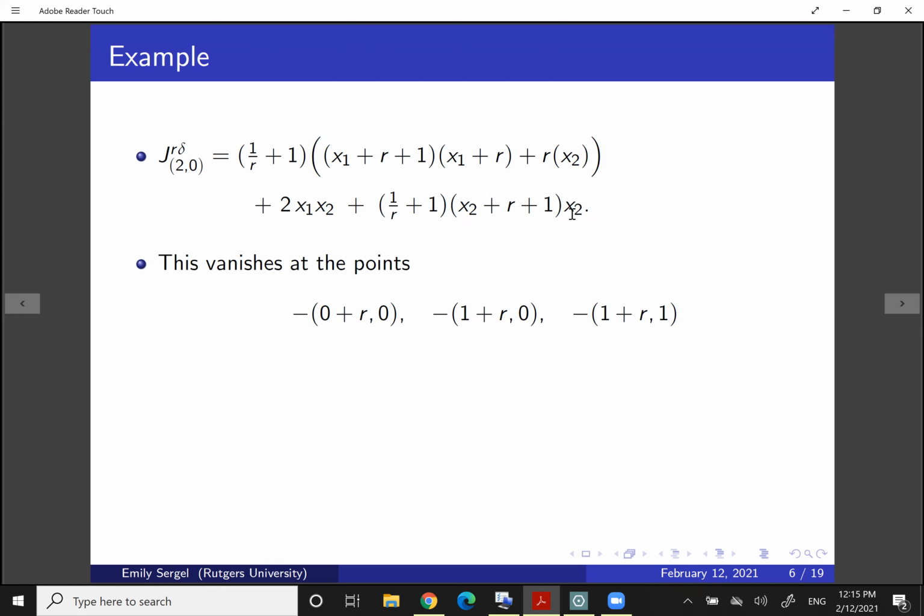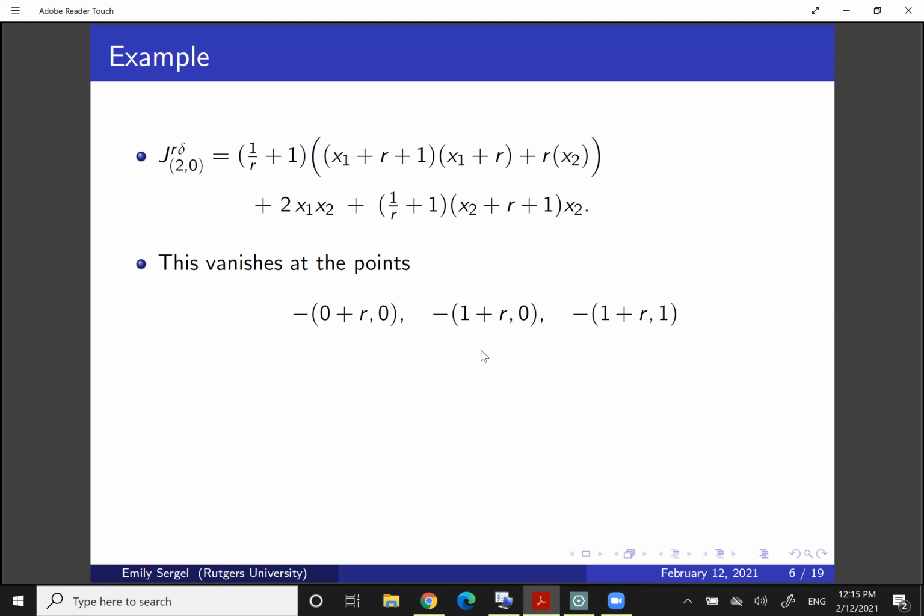The way that I wrote it, this whole chunk disappears because there's an x2, this whole chunk disappears, this disappears. And so we're just left with this product, these two x1 factors, which are exactly what they need to be to cancel out for these 2 points. So it has this really nice vanishing, almost like term by term.